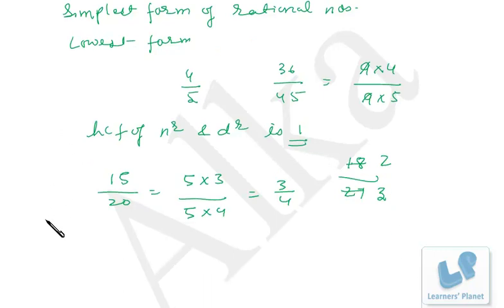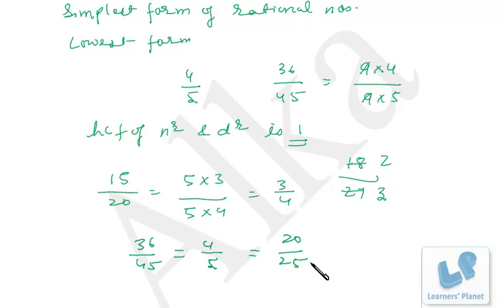Now from this we can say that two rational numbers are equal if their simplest forms are equal, right? That means 36 by 45 is actually equal to 4 by 5, right? So two rational numbers are equal if their simplest forms are equal, right? So 36 by 45 is 4 by 5, or we can say maybe 20 by 25.